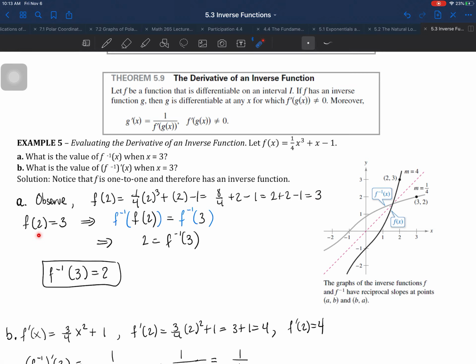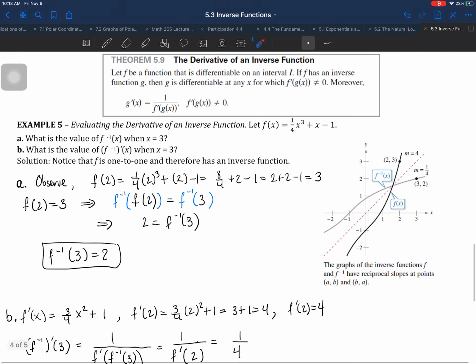So we know that f of 2 equals 3. Well, what if I apply the inverse on both sides? Those will cancel each other out, giving us that 2 is equal to f inverse of 3. And so we figured out that f inverse of 3 is 2.